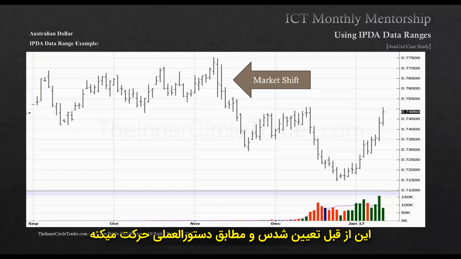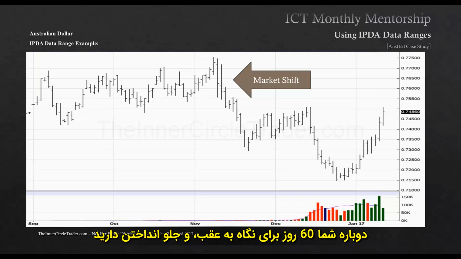It's predetermined. It's running on a script that refers to specific data points that it will go back to over and over and over again. The IPTA data range, okay, you have a 20-day look back and cast forward range. You have a 40-day look back and cast forward range.